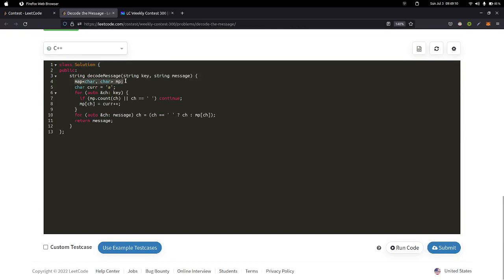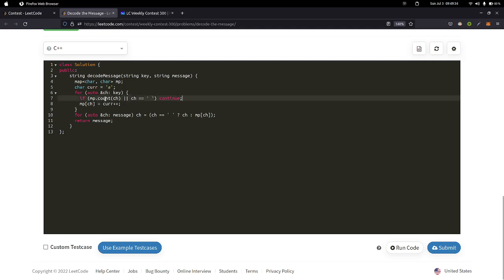I'm using a map here. You can use an integer array as well. It's up to you how you implement it. As I said, we have a pointer which represents the current character, and another loop for iterating over the key. If the current character is a space, or if it's already met, you don't need to do anything.